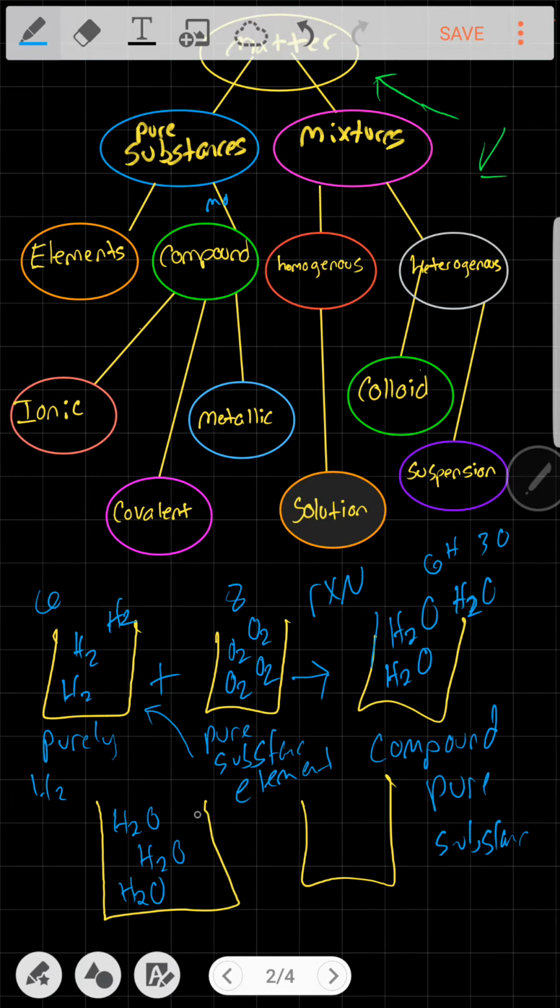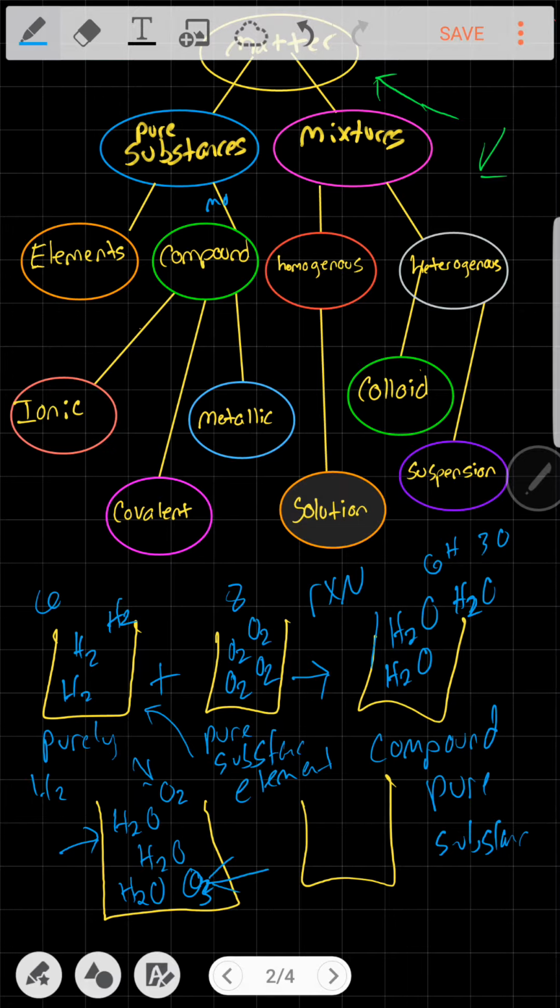And then I have 5 left, so that's 2 oxygens, 4 oxygens, and I'm going to have another one floating around here. Or let's make that ozone. There we go, O3. So how many different things do I have present? This is one chemical compound. This is an element. And this is another element, the ozone.